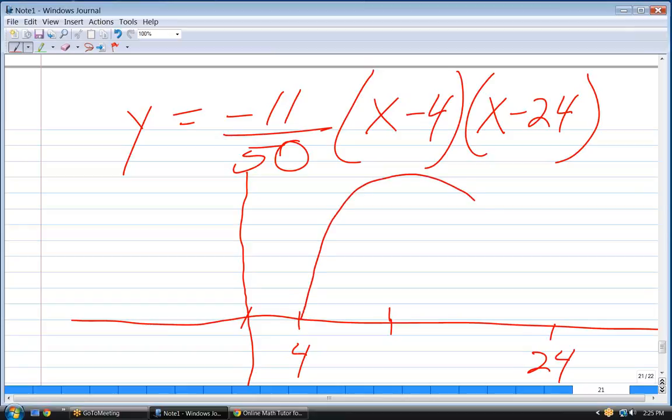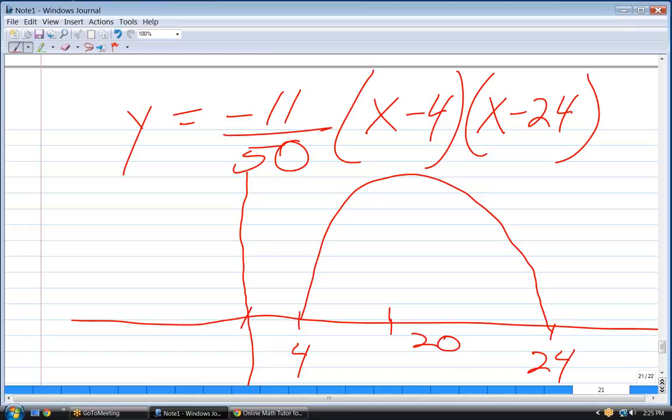That's my parabola. So the width would be 20. In other words, this distance here is 20, the distance between the two x-intercepts.